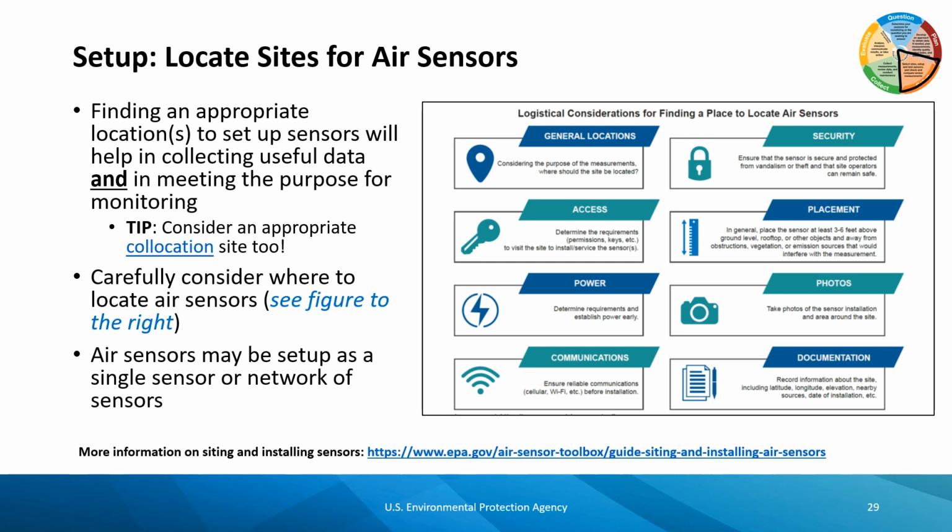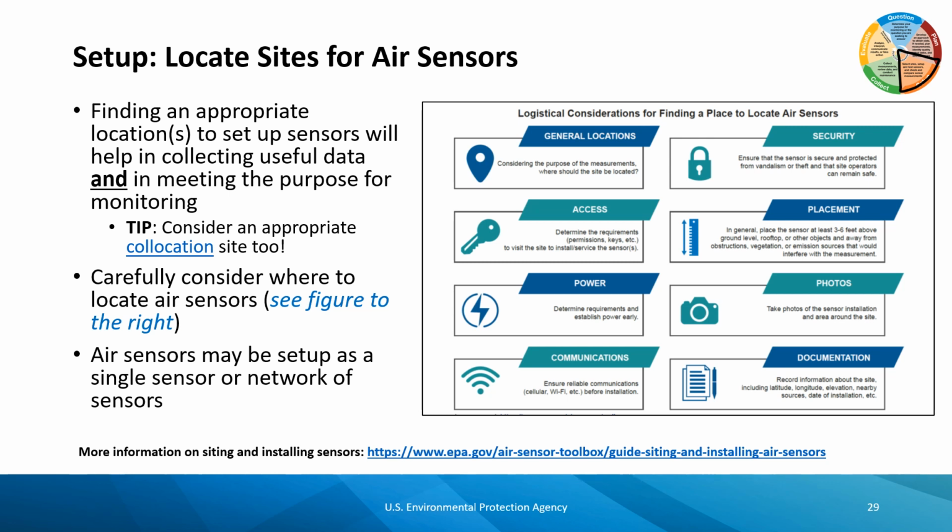This could include permissions needed to enter the site, keys, etc. Next is power. Running power can take a significant amount of time and money, so determine requirements and establish power early.